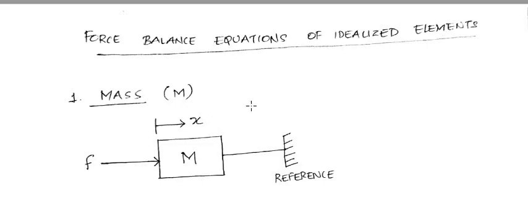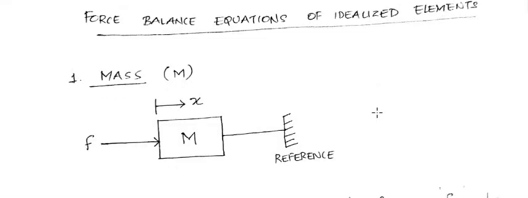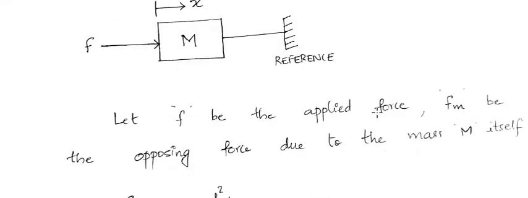So acceleration a is equal to d square x by dt square. We will be representing acceleration, velocity, etc. in terms of displacement only. So Fm, where the small m indicates the force due to the mass, will be directly proportional to acceleration, which is d square x by dt square.